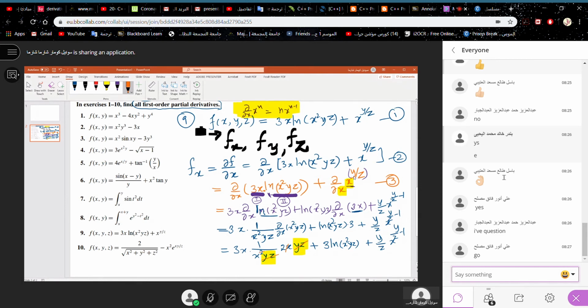So this will be 6x upon, and this is also x. So both the powers gone. So this is how much? 2 into 3, 6, plus 3 ln(x square yz) plus y upon z x to the power y upon z minus 1.